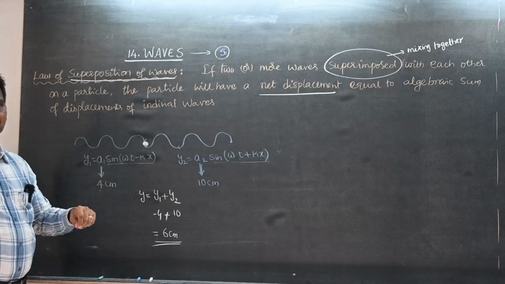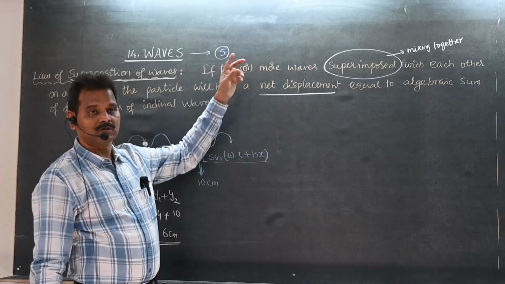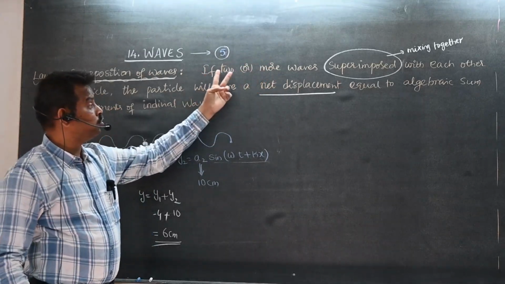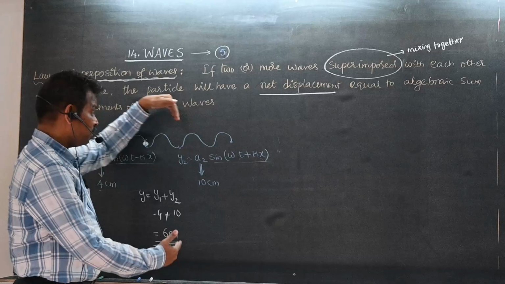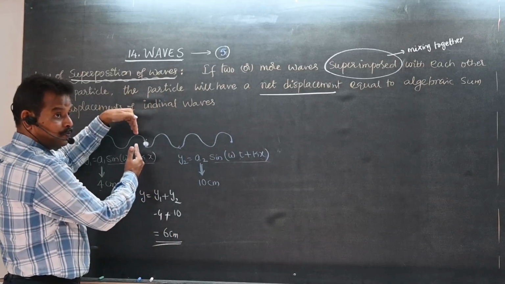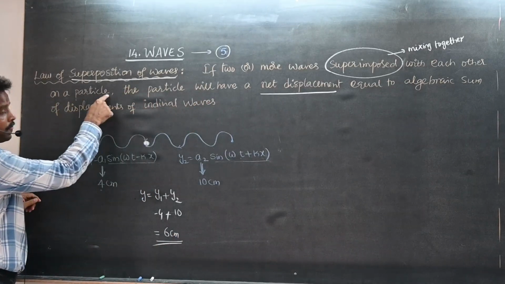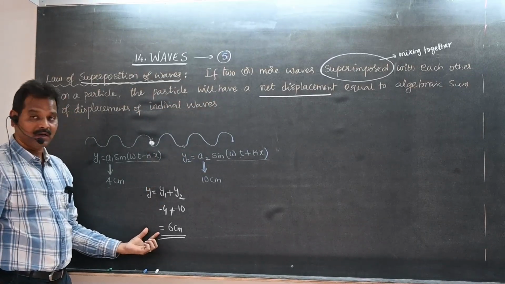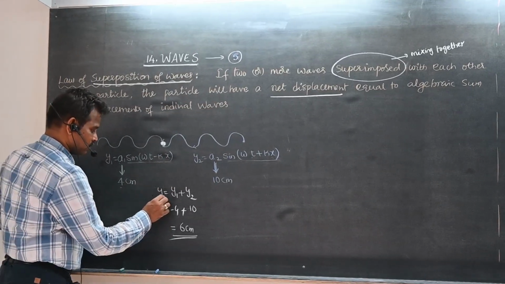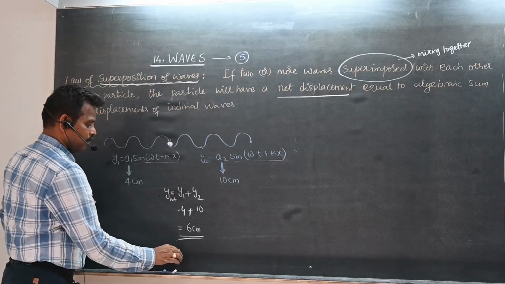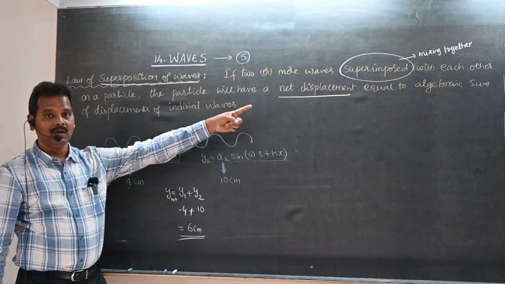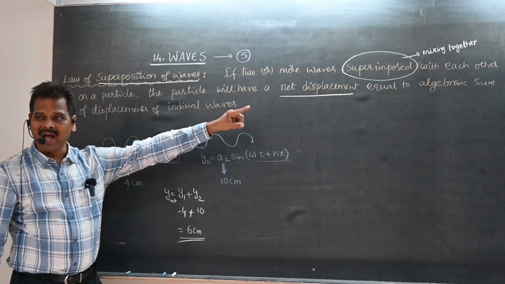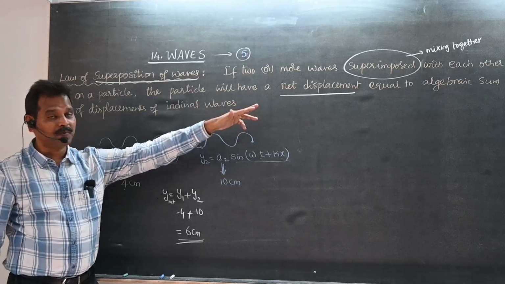Now read the statement. Forget about more waves; first take 2 waves. If 2 waves are superimposed on a particle, the particle will have a net displacement y net equal to the algebraic sum of the displacements.